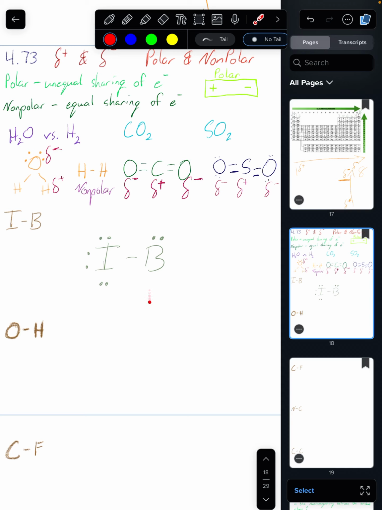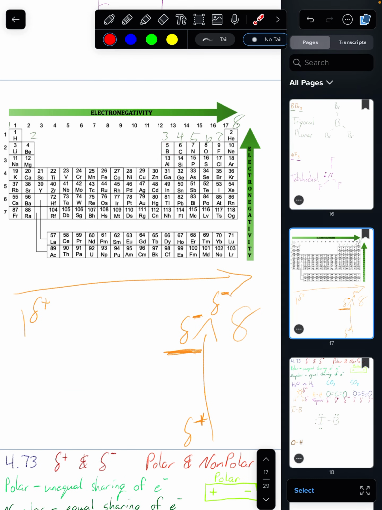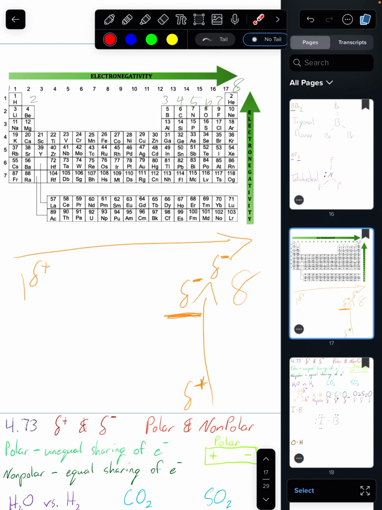However, it's missing 2 of its 4 spots. And when we're missing electrons, we are negative, which fits as well with it being more negative compared to an iodine. Or, sorry, no, this is bromine.